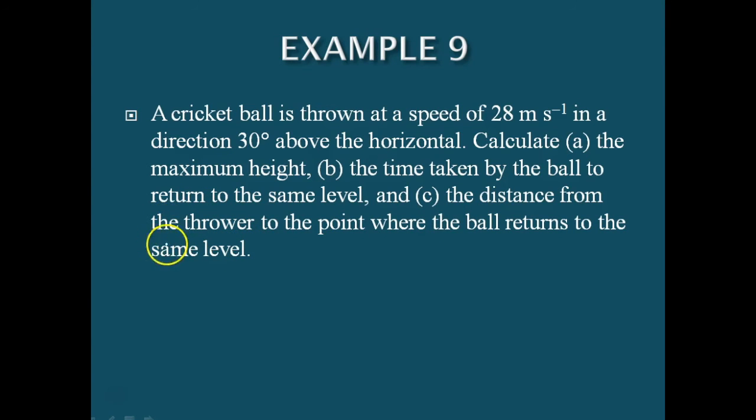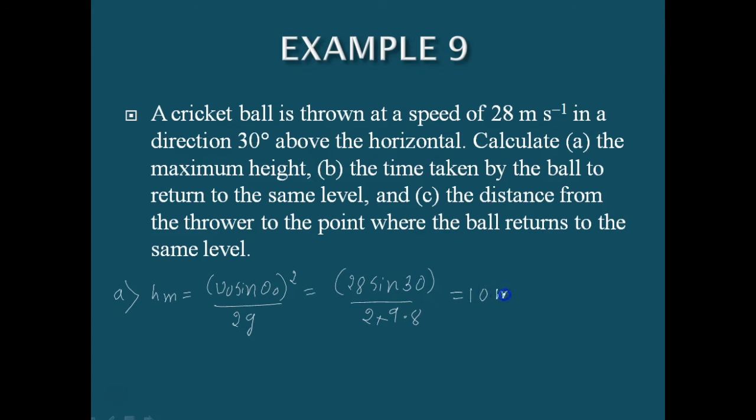So the first one, the maximum height is given by hm is equal to, okay, here they have given the velocity v naught as 28. So the angle theta naught is 30 degree and the value of g is 9.8. Okay, so if you simplify this, we'll get the maximum height as 10 meters.